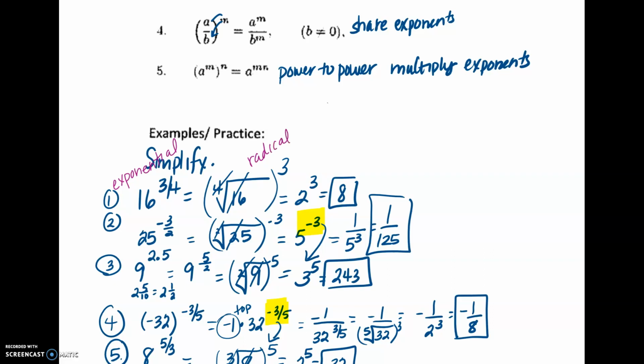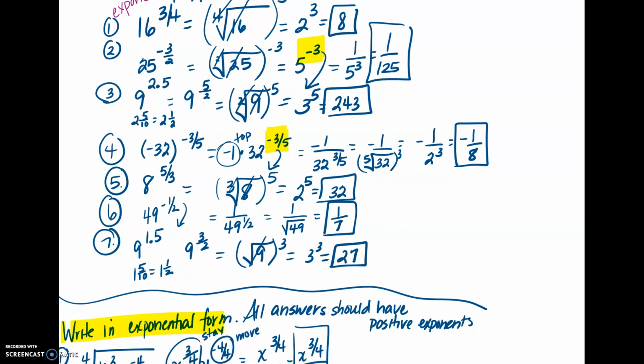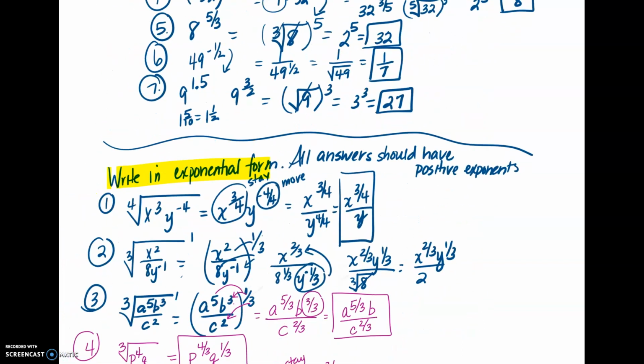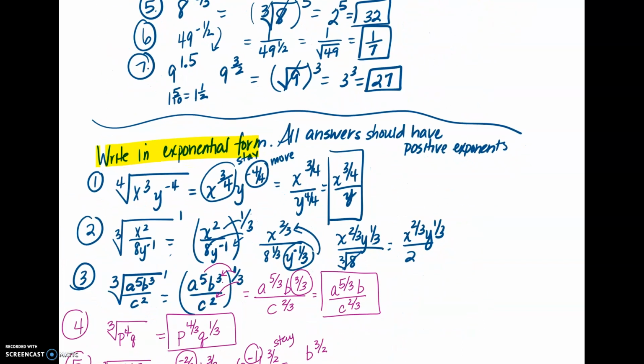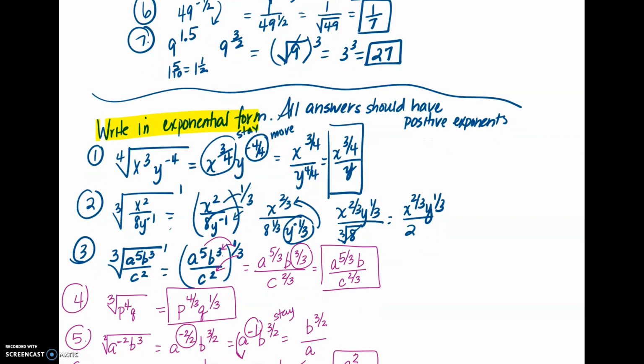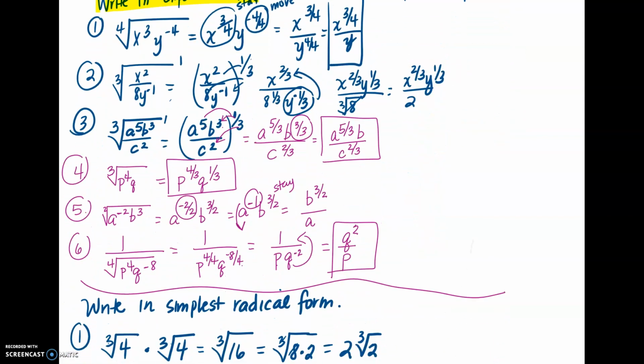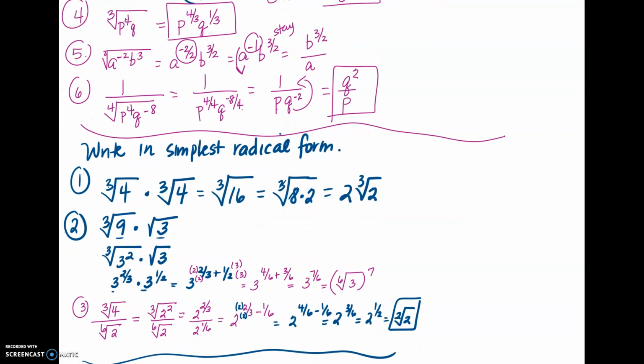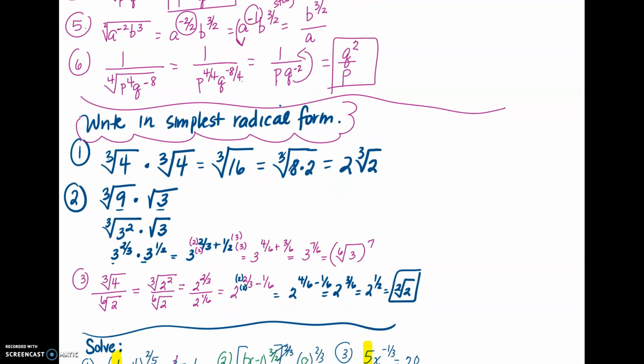We took it out of exponential by writing it as a radical, and then we simplified. Here we had a radical, we took it to exponential, and then we made sure all our answers had positive exponents. Here, this is probably the trickiest one, writing in simplest radical form.